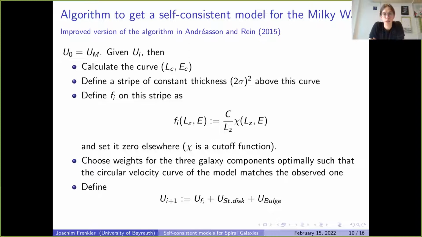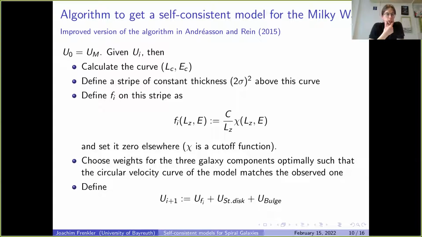The major improvement is that with this algorithm, we really get dynamics which describe almost circular motion around the center of the galaxy. So the mass is moving exactly like in the real galaxy. This was not the case in the models of Andreasson and Rhein, because most of their mass was on radial orbits which pendulated through the origin.